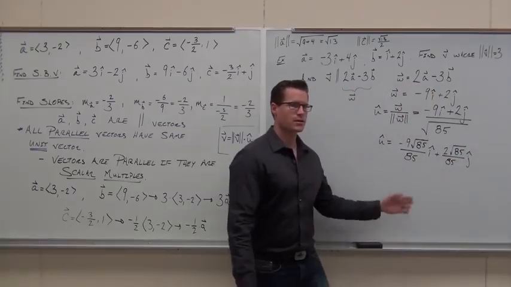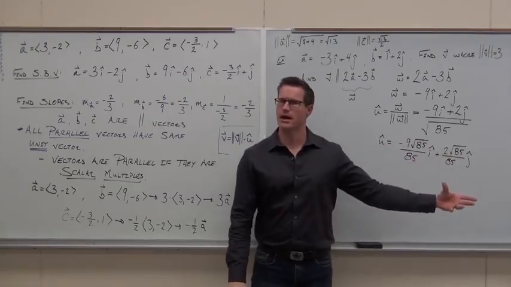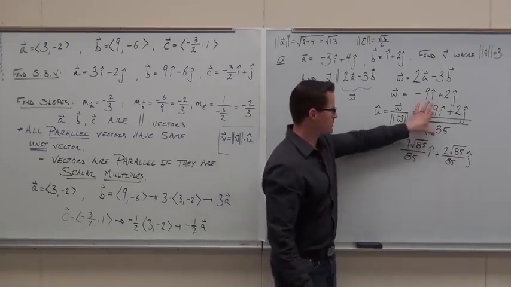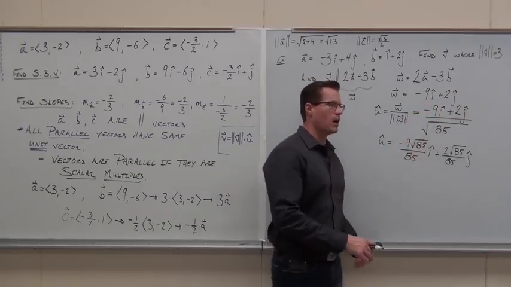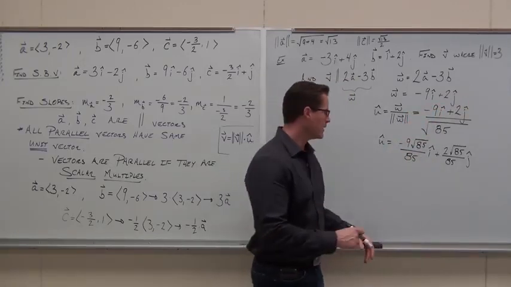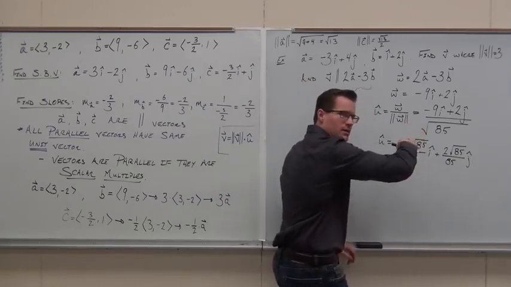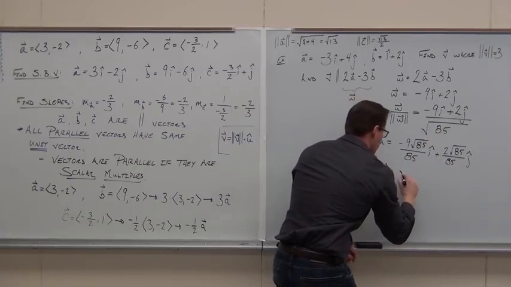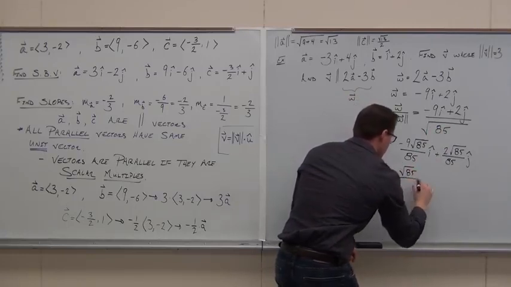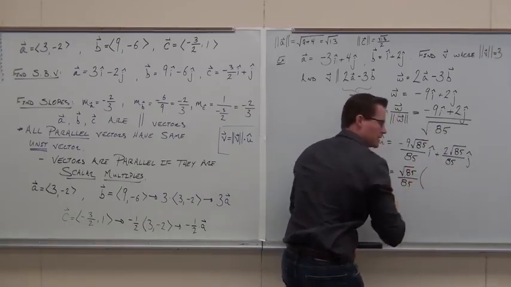That's rationalized and put on each component. Do you guys see how to do it? Another way, a much better way, when it's nasty like this, is to rationalize just this piece and leave it out in front of the vector.